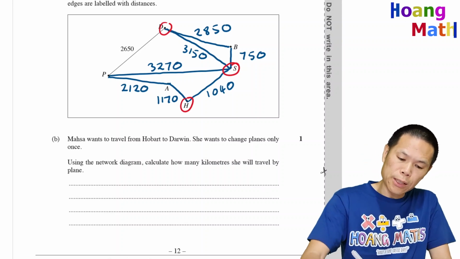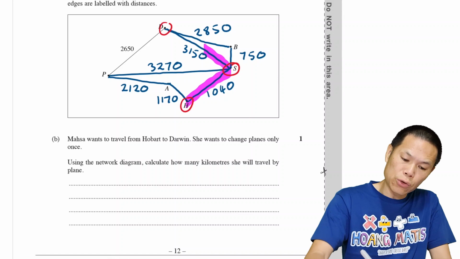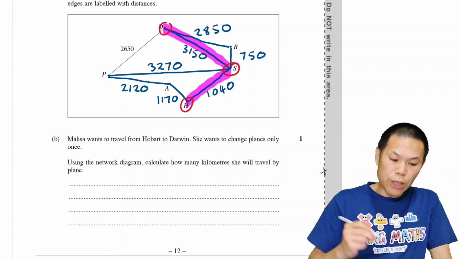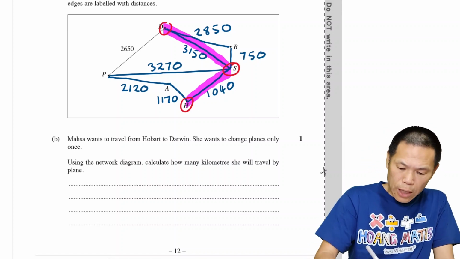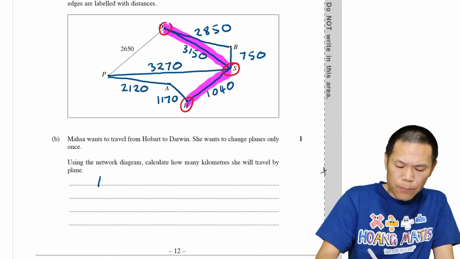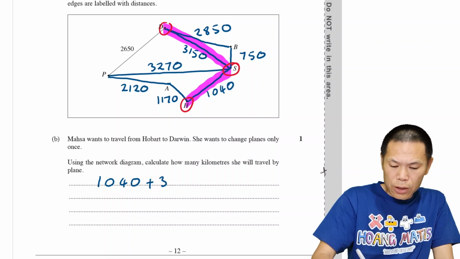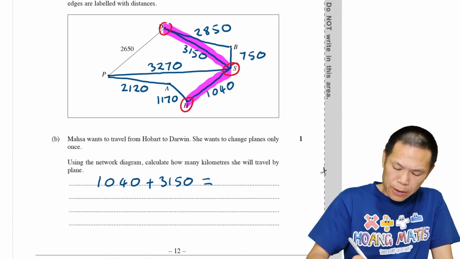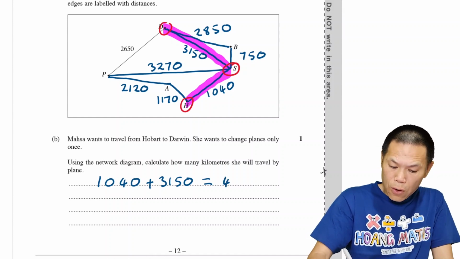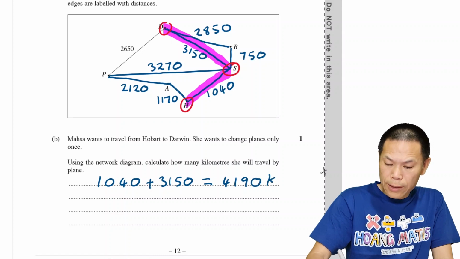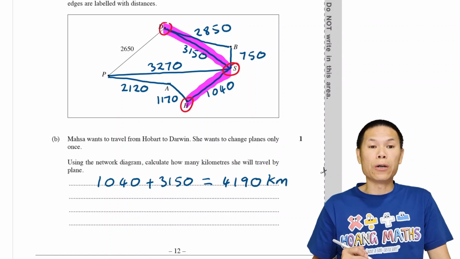Therefore, this is the path that you need to travel, and we need to work out the distance. That is 1,040 kilometers, and then we add 3,150. So 3 plus 1 is 4, which gives 4,190 kilometers. So there you go.